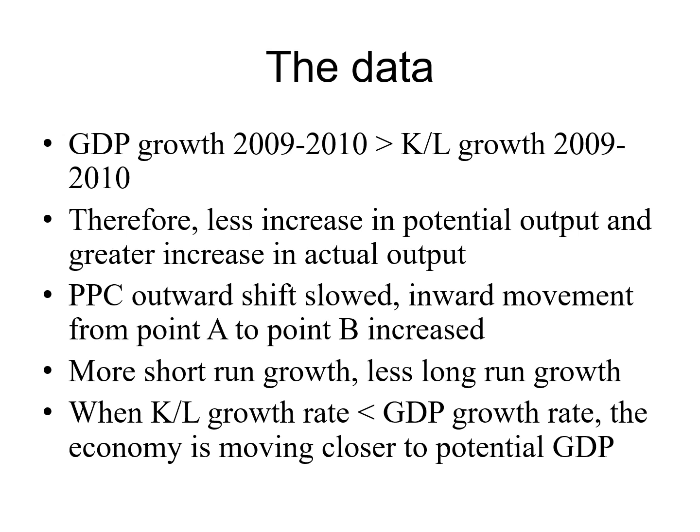In the previous slide, you're working within the PPC, moving closer to your production possibility curve horizon. PPC outward shift slowed, inward movement from point A to point B increased: more short-run growth, less long-run growth.